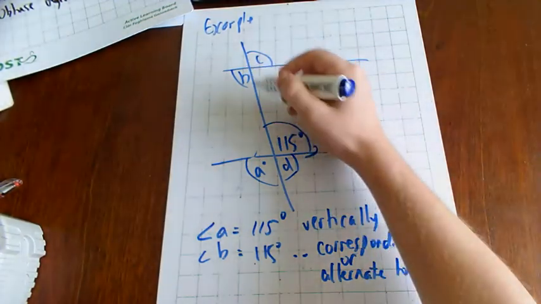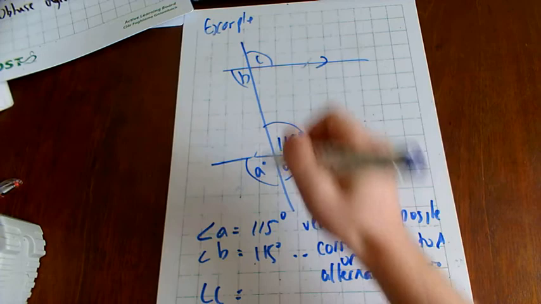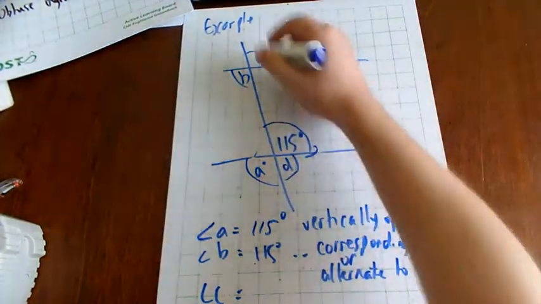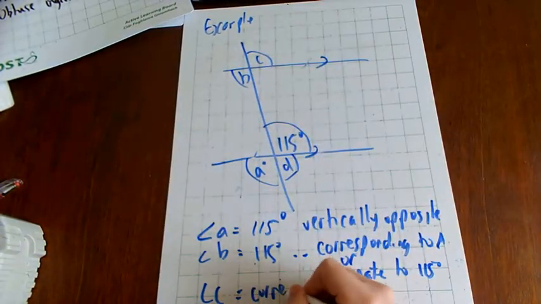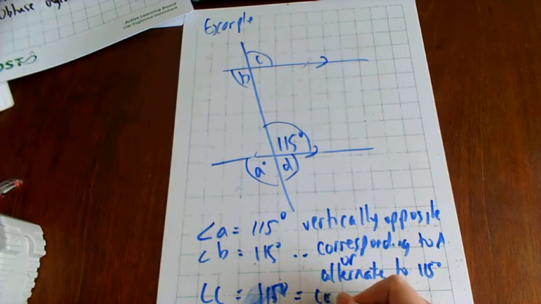C again, you could either say it's vertically opposite to B, or you could say it's corresponding. Sorry, it's 115 again.